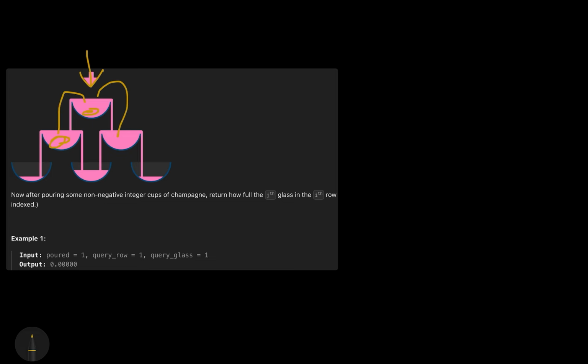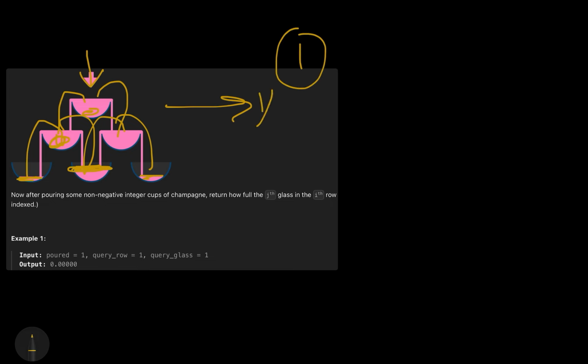When this is full, it will go on this and this. When these are full, it will go on this and this and this and this. So this will be more full than this. And the condition given is that one glass will pour half to the left glass and half to the right glass. This is the property.